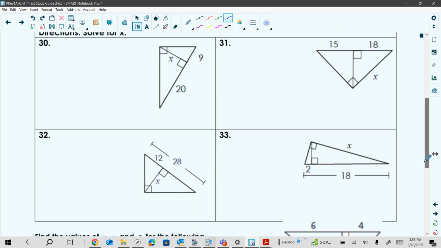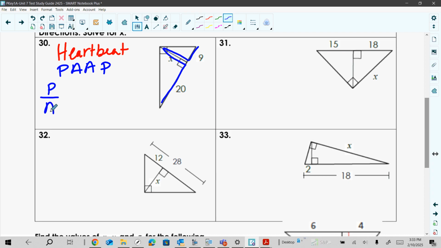All right, then the last, you have to take the given information and determine what method you're using, either heartbeat or boomerang. Remember, if you have something labeled inside the triangle, then this should be heartbeat. Remember, we're following the EKG, boop, like that. The acronym for heartbeat is part, altitude, altitude, part, or we can set that as part over altitude equals altitude over part.